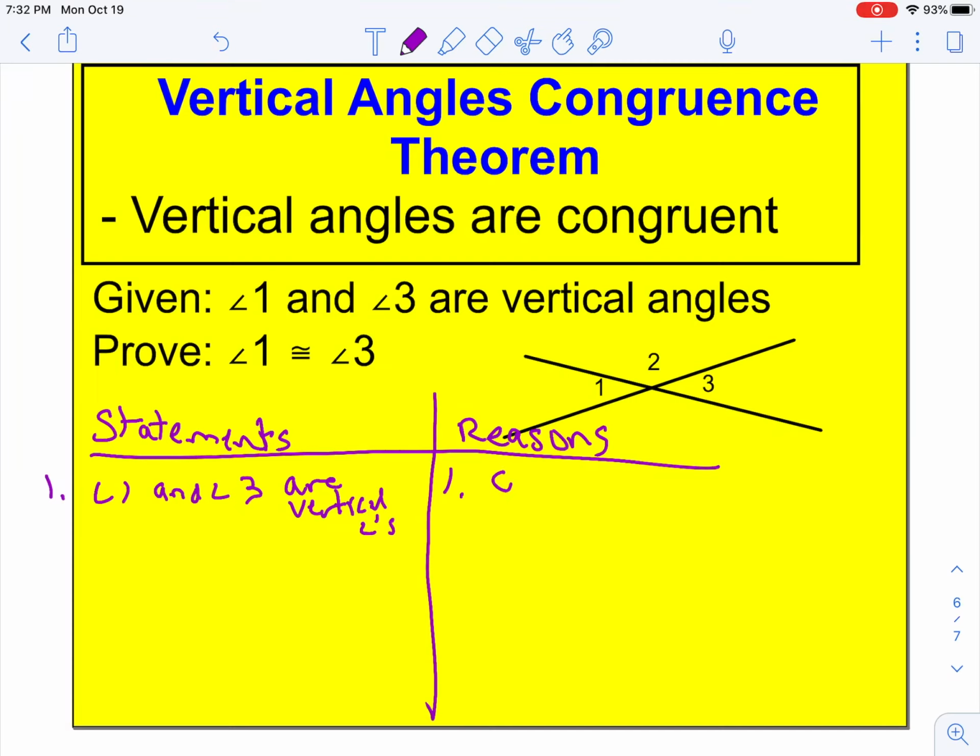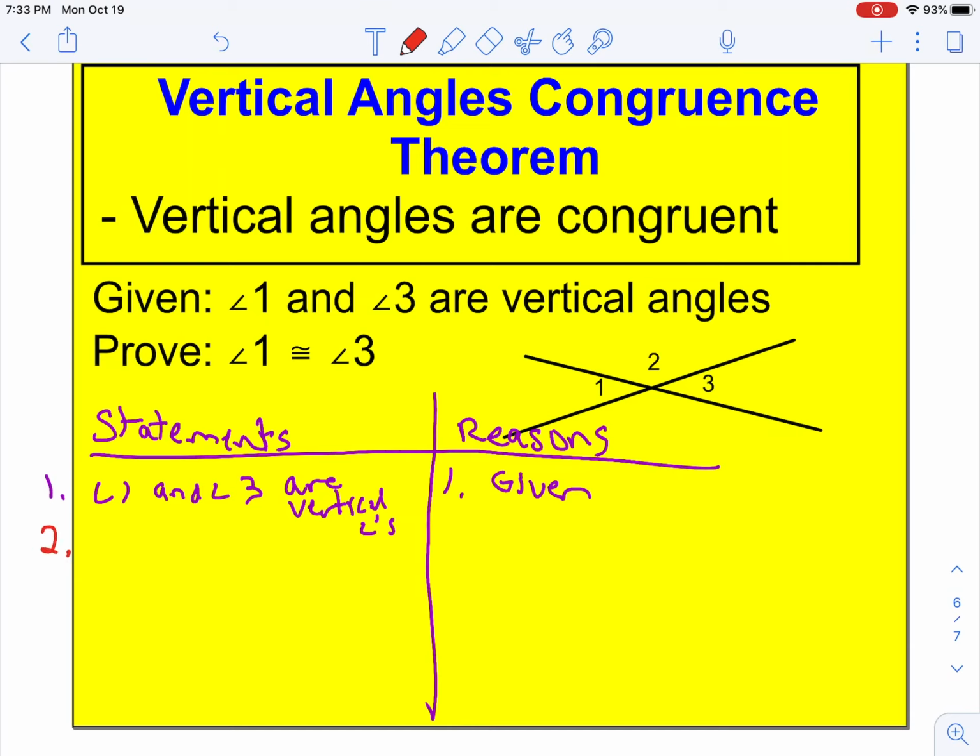Okay, and that is given. So what does it mean when they're vertical angles? Well, that means they're across from each other. And we already know that they are congruent to each other. But what else could we use to prove it? We already know it's a theorem, but how could we prove this theorem?